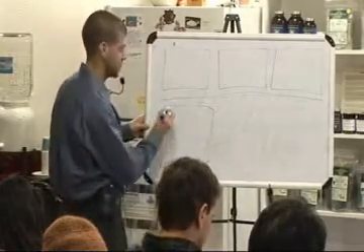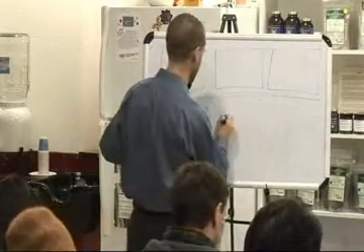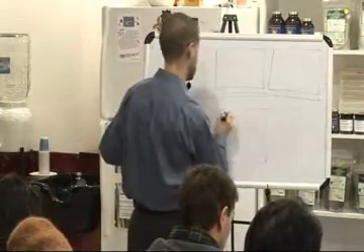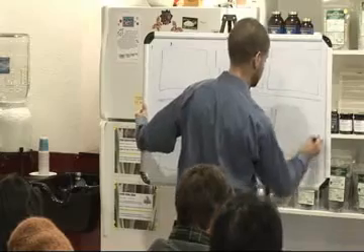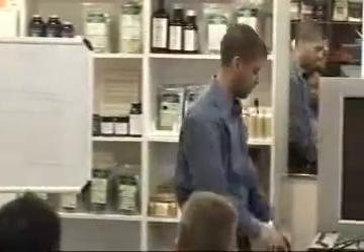Grantor, trustee, beneficiary are the three positions in a trust, and the res, or the property of the trust. Corpus is another word for it.